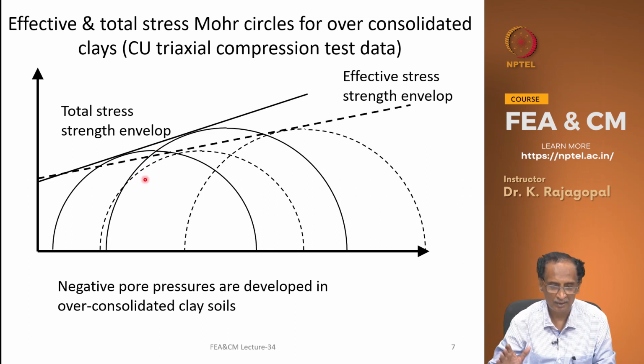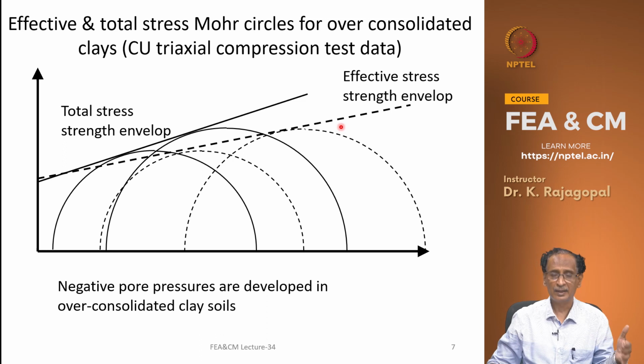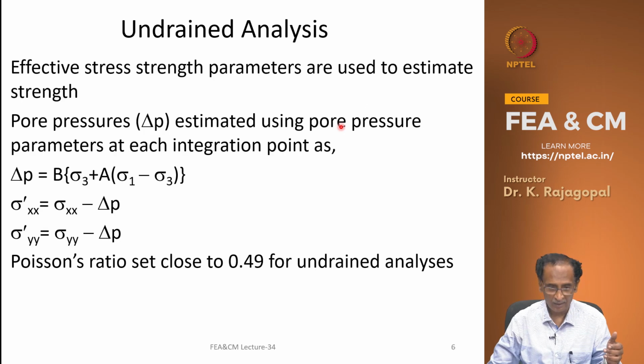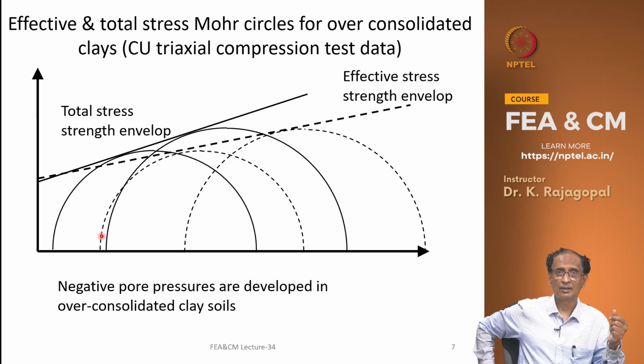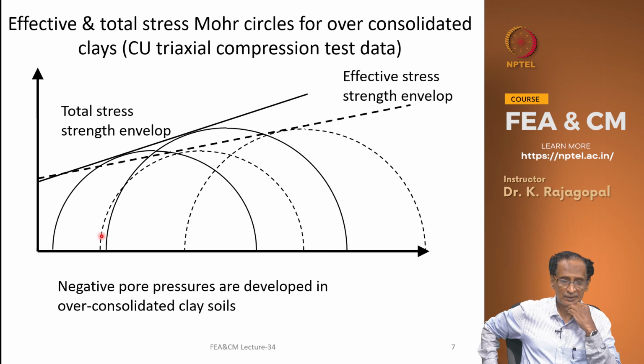So, you see the Mohr circles moving to the right, and this dotted line is your effective stress strength envelope, and the intercept and the slope give you the C and phi values, and we can use these C prime, phi prime along with the effective stresses that we determine through our finite element analysis, and then we can perform all the calculations like our estimation of bearing capacity or the shear strength and so on.